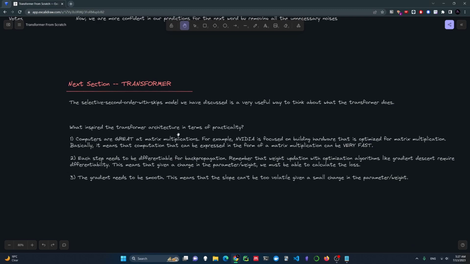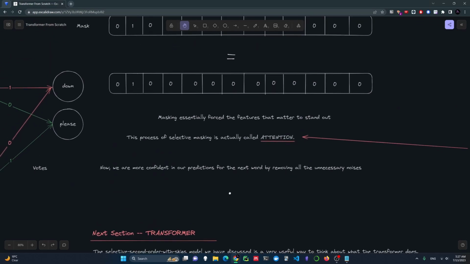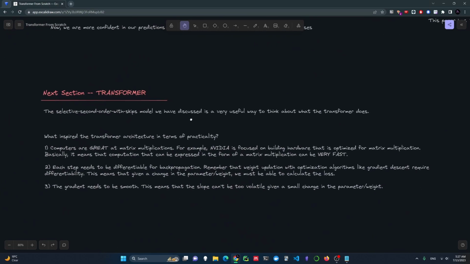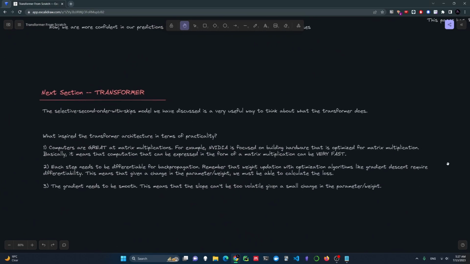So the selective second order with skips model, what we just talked about, is very useful to think about what the transformer actually does. It actually mirrors what many modern large language models do too. So now let's talk about what inspired the transformer architecture in terms of practicality, right? Why is it designed the way it is?